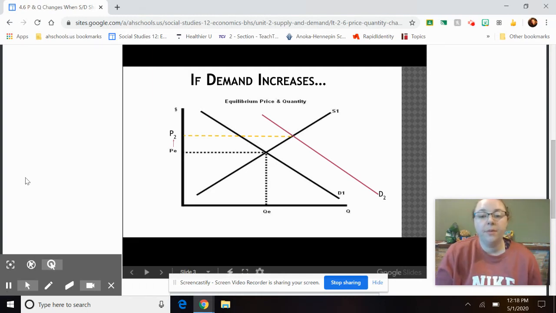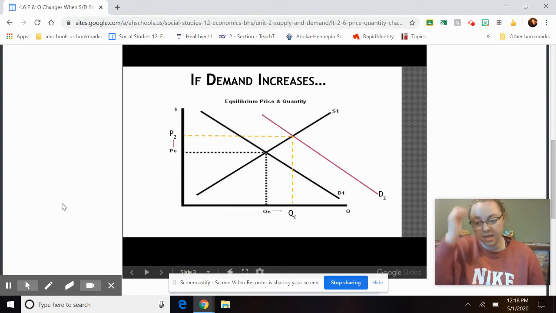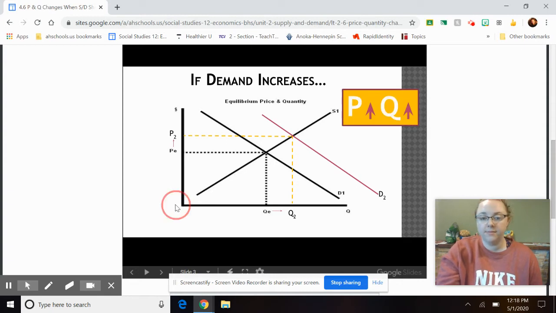When demand increases, price is going to increase, as well as quantity is going to increase. So what you'll notice is with demand, price and quantity increase or decrease together. They'll always go the exact same way when we shift the demand. So price will increase, quantity will increase. Perfect. Shows P up, Q up. It's how we show it on our sheets or on our activities we do.